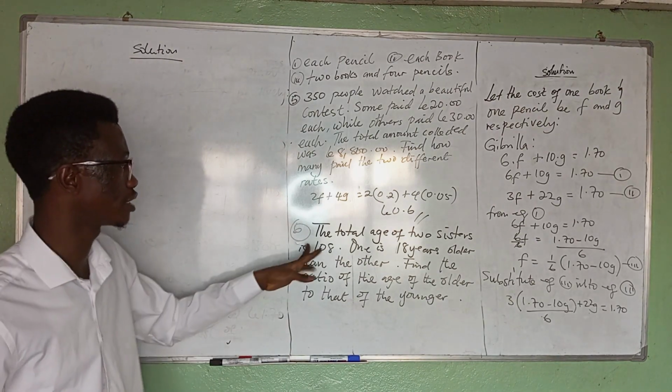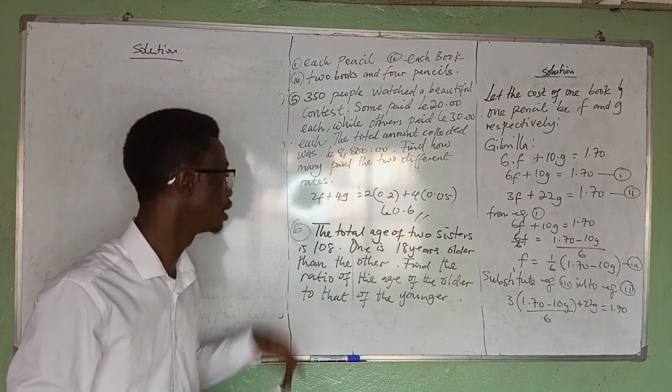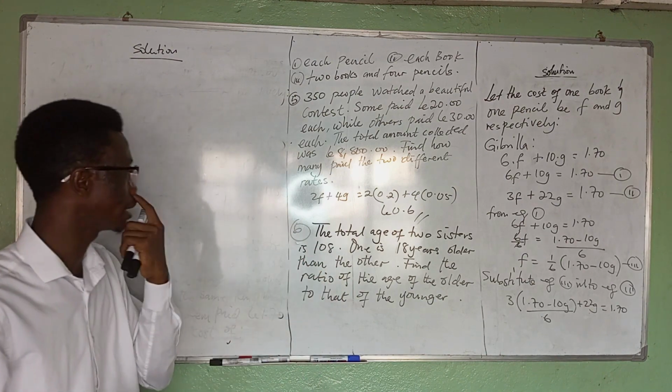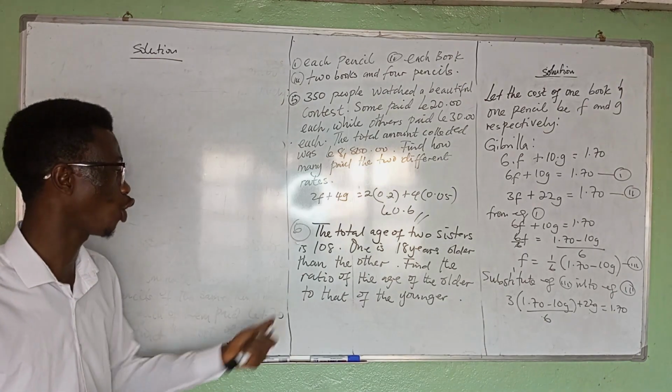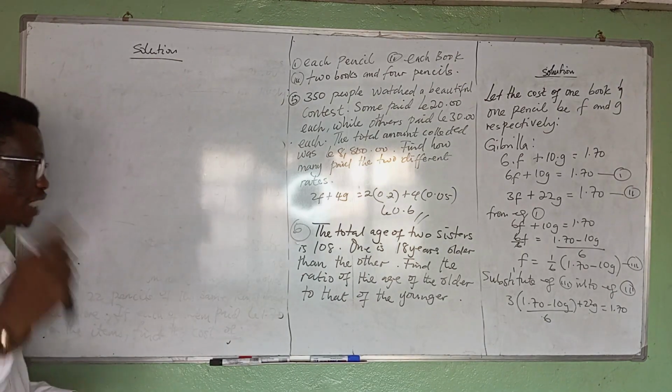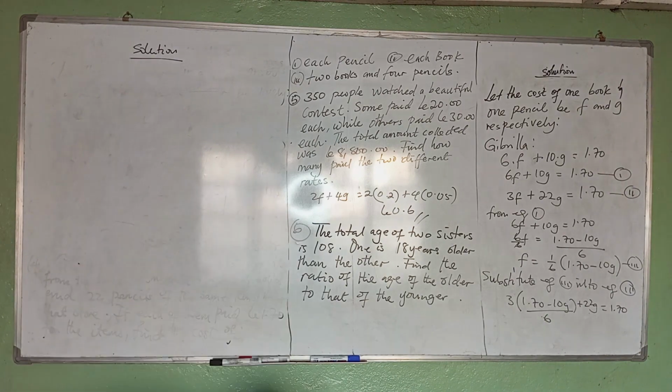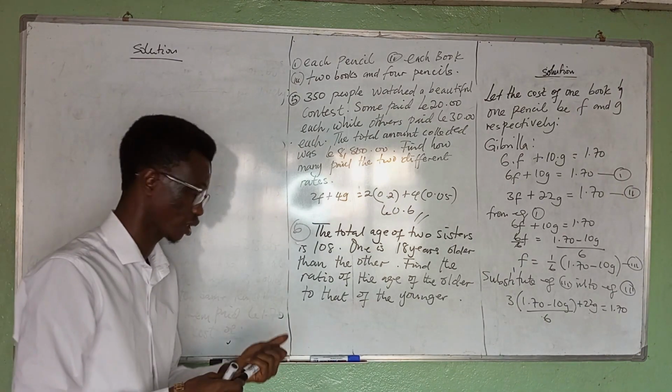It says the total age of two sisters is 108. One is 18 years older than the other. Find the ratio of the age of the older to that of the younger. So it's actually simple.